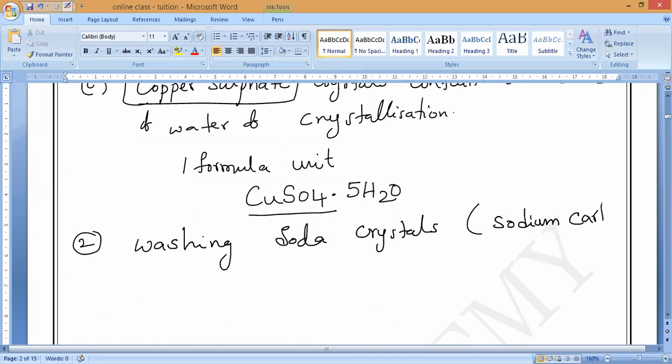Yesterday's question: sodium carbonate crystals contain 10 molecules of water of crystallization. How many formula units? One formula unit of sodium carbonate.